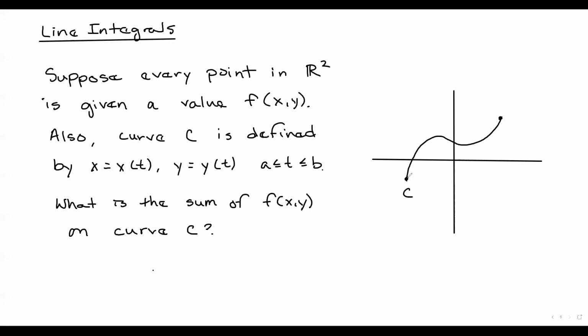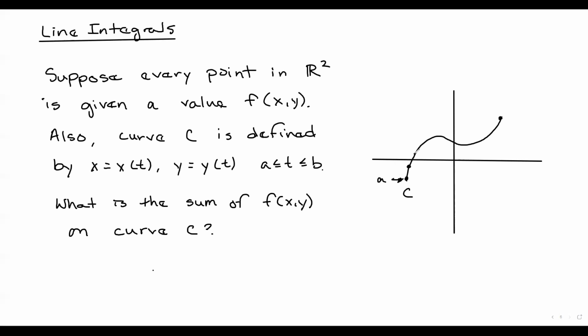So if you think about it this way, we want to start off here at our initial point where t is A. We figure out, all right, what's the function value here? You take that point, plug it into your function and get a value. Then you move along, increment a little bit, get to another spot on the curve, and say, what's the function value here?